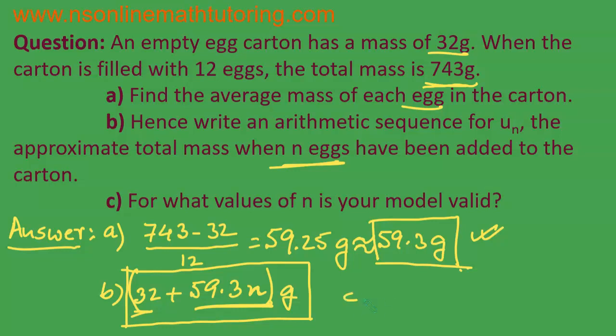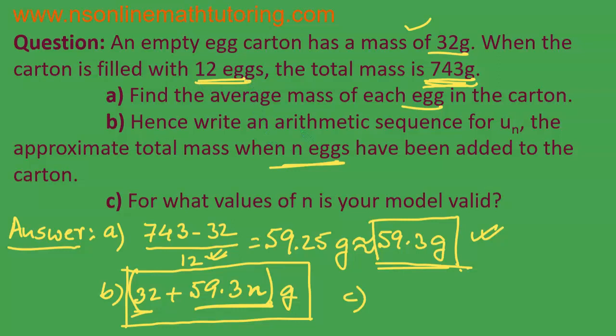And what is the answer for the subpart C? For what values of n is your model valid? Of course, the model is valid for, we have found this 59.3 grams by assuming that there are 12 eggs in the carton. They have given us the mass of the empty carton, that is number of eggs is equal to 0 at that time, and they have given the mass of the carton filled with 12 eggs.